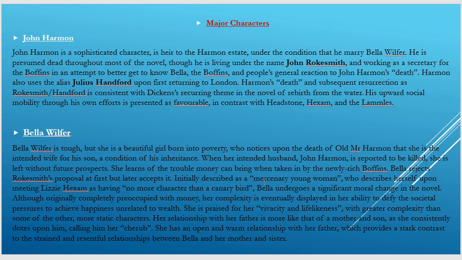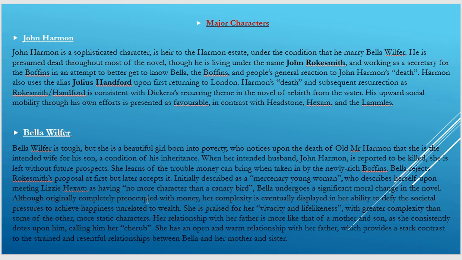So she is initially described as a mercenary young woman who described herself as having no more character than a canary bird. Bella undergoes significant moral change in the novel. How?